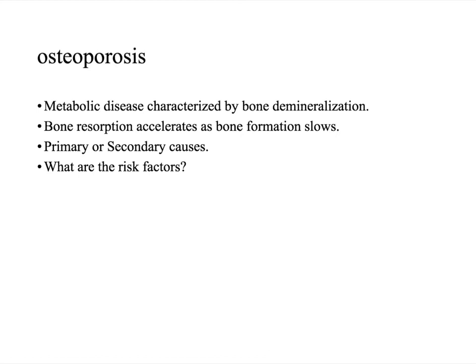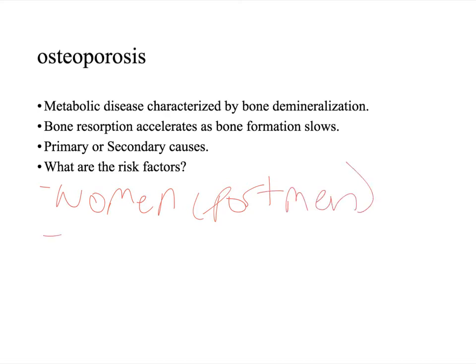So if we ask what are risk factors, number one, women, especially postmenopausal women, are at higher risk. We also know that age over 35 puts you at more risk. They do separate osteoporosis into primary and secondary causes.